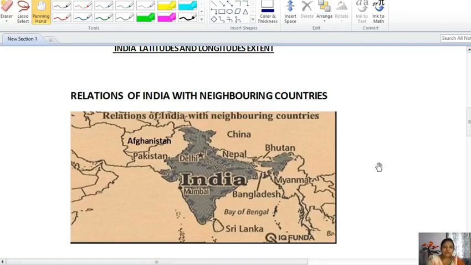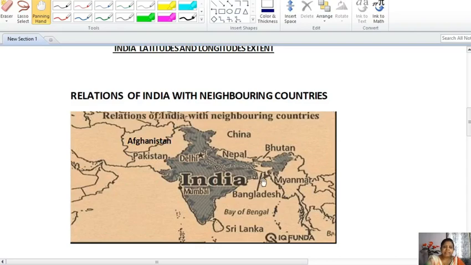Now I will show you the map of India, the relation of India with neighboring countries. In the northeastern part, China, Nepal, Bhutan are located. In the northwestern part, Pakistan, Afghanistan are located.